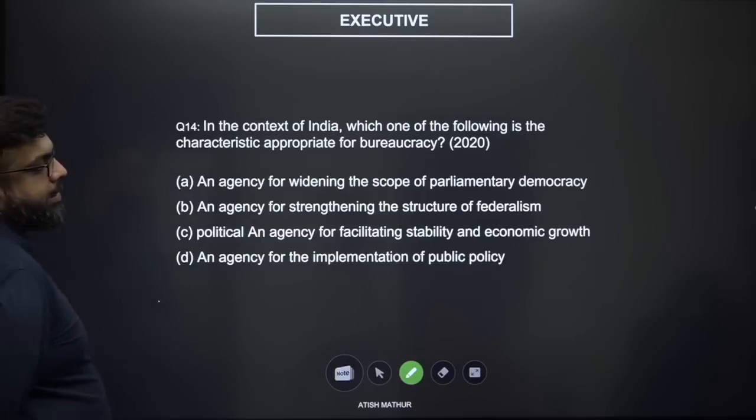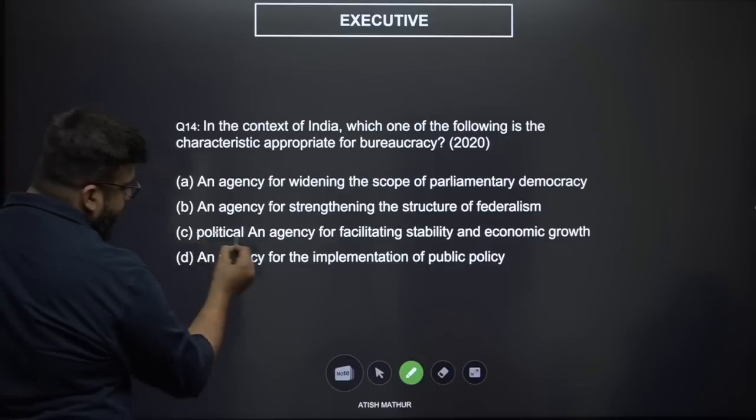Okay, an agency for the implementation of public policy. We have to simply apply the counter rule. We have to apply the devil's advocate theory, and this can also be done very easily with a simple application of contextualizing it.